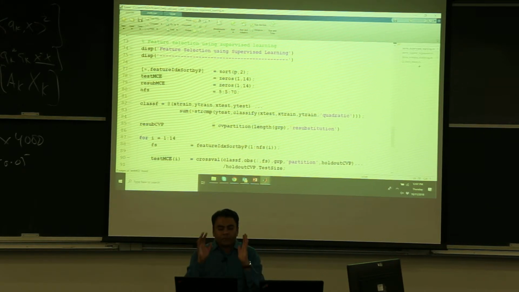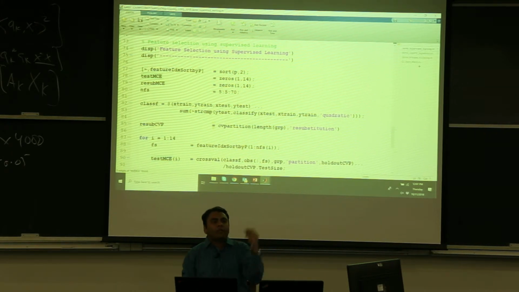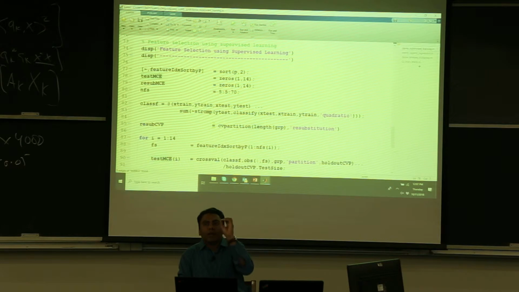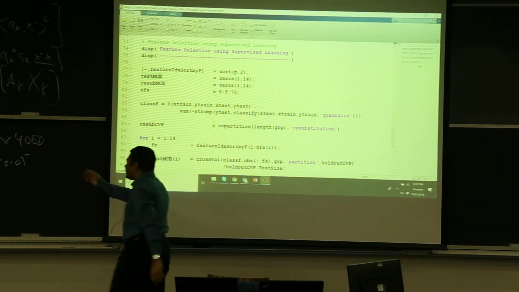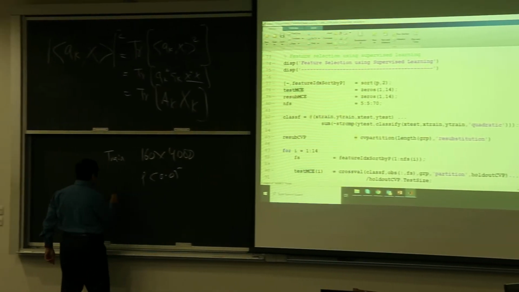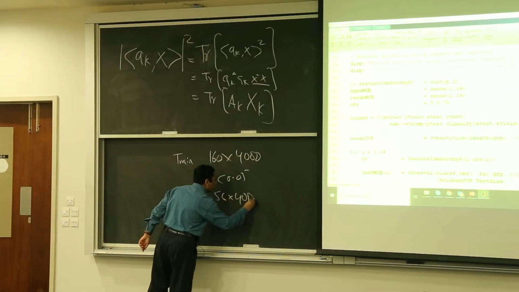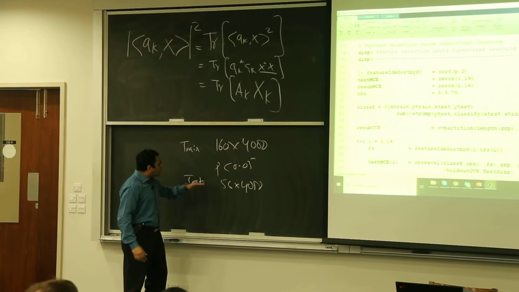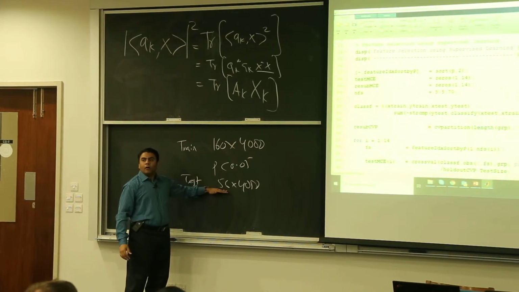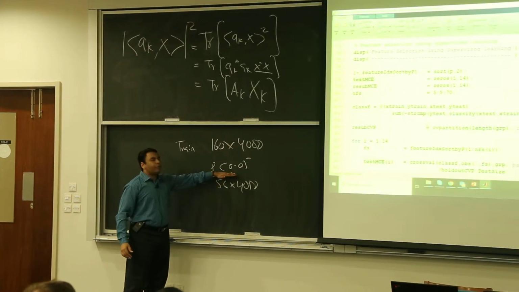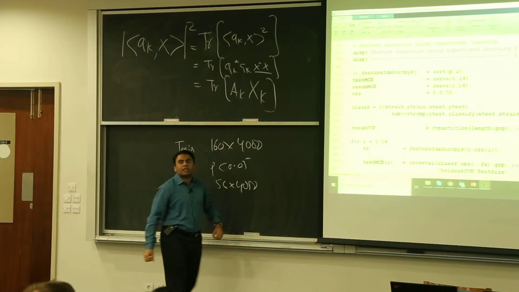Now I want to understand which features are giving me the lowest classification error, the misclassification error. And for that, I use the test data. If you remember, we had 260 samples of data, and then we split it, so the testing data is now 56 times 4,000. So given this test data, what is the set of features that gives me the minimum misclassification error?